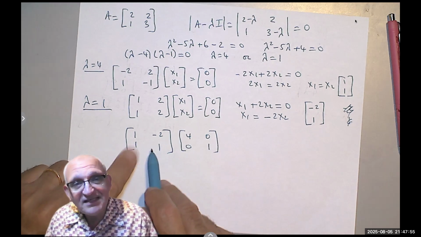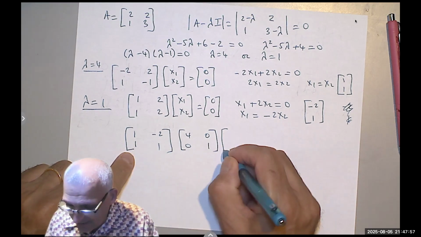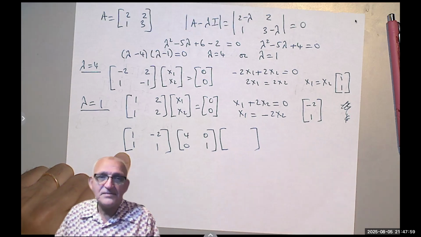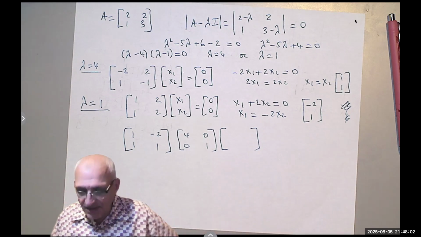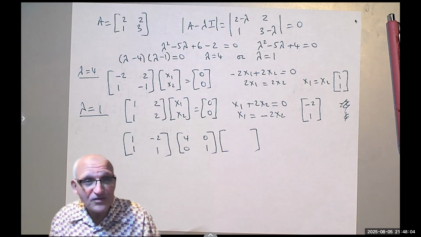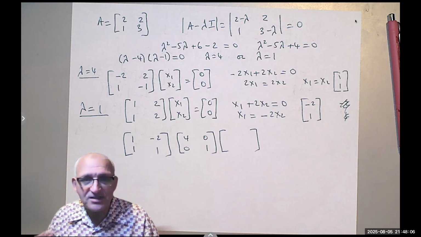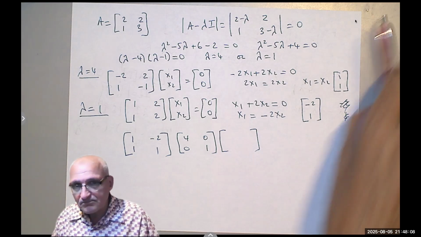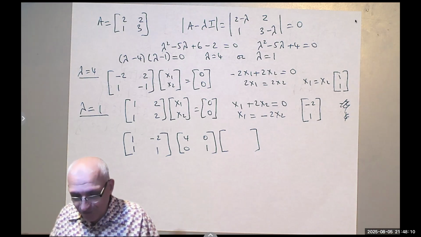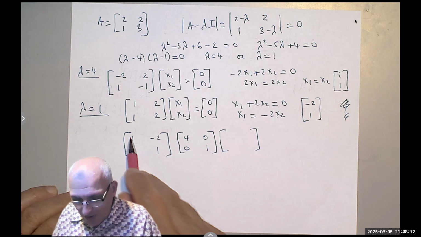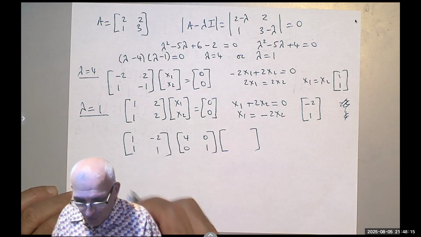If I can find the inverse of that and multiply it here, I know it looks so confusing, but really the way to find the inverse of a 2 by 2 matrix is very easy. All you have to do is first find the determinant, which is 1 minus negative 2, or 3.